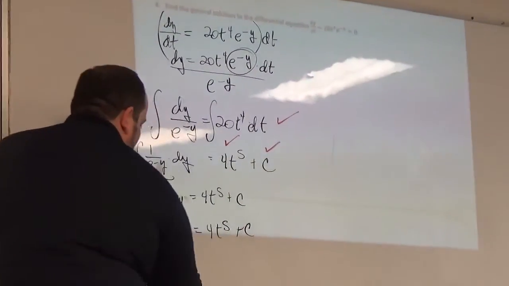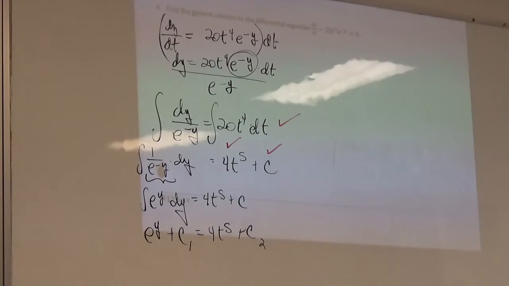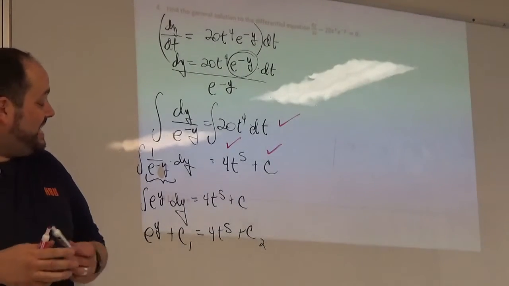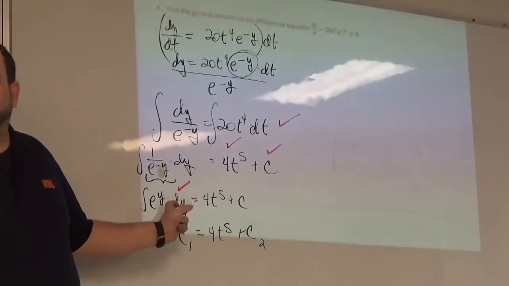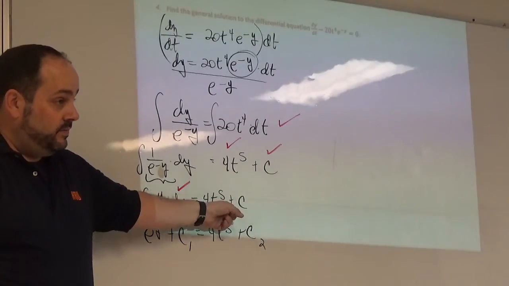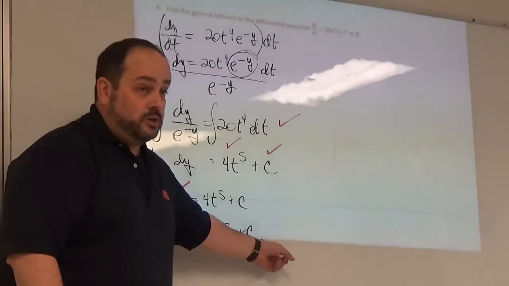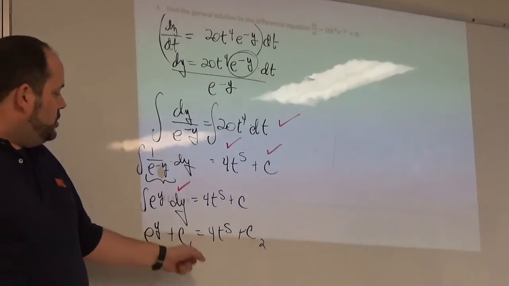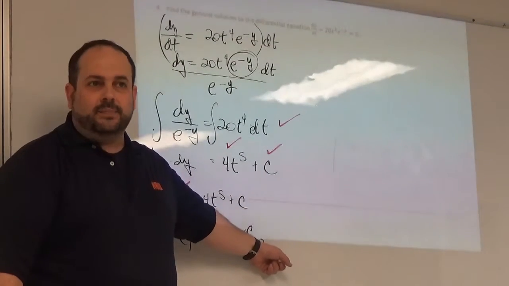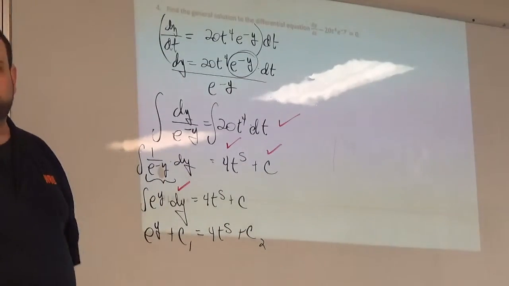Now, I want to let you in on a little secret here. Every single time that we're integrating, you integrate on the left and on the right, and you get a constant of integration over here and over here. Then you subtract the constants to the same side and make it into super Charlie.